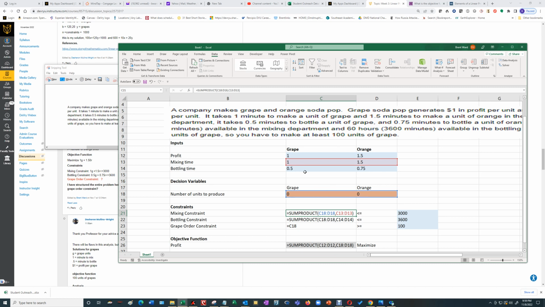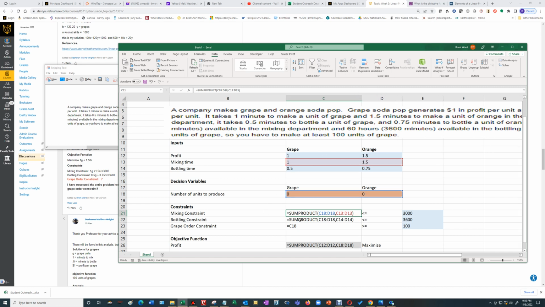Sum product, I took C18 and D18, which is the decision variables, multiply and sum up those two values multiplied by the mixing time, which is here, C13 and D13. So we got C18 and D18 and C13 and D13 in the sum product function right here.